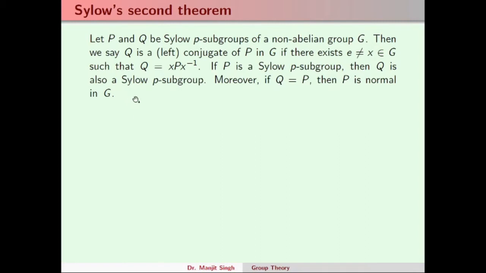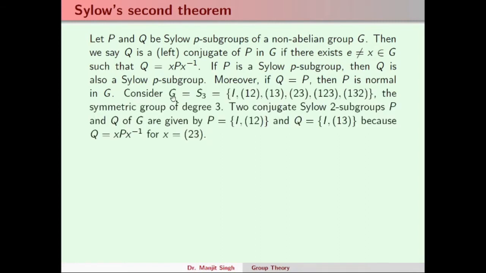It is well known. Now we consider a group G, the symmetric group of degree 3, in which we have 6 elements. These are well-known elements. We have studied them in our previous videos on Cauchy theorem. So G is a group having 6 elements, and we are considering here two subgroups of group G. One is this and second is this.